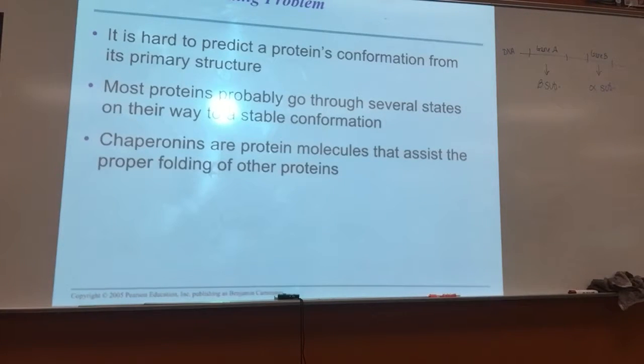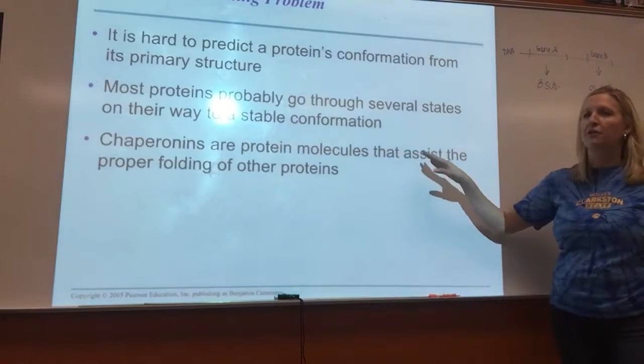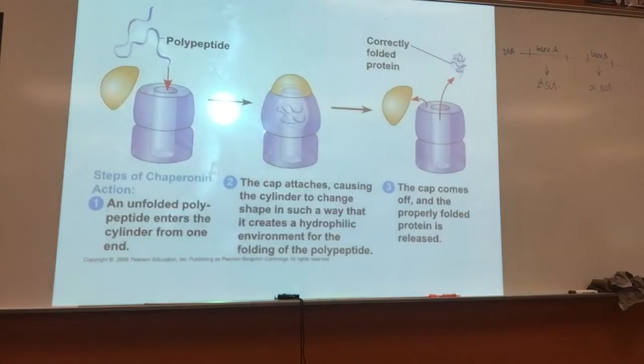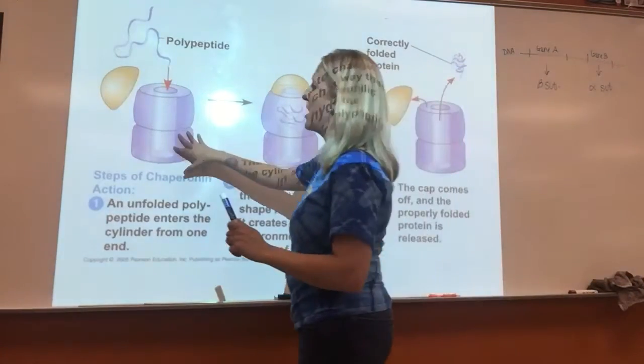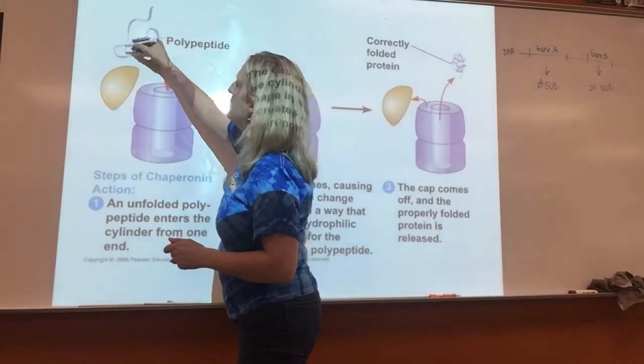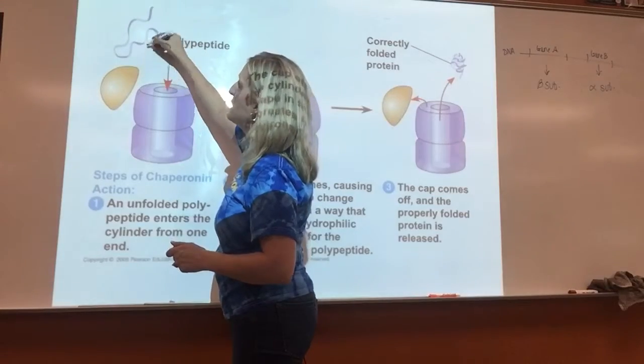They discovered another protein called a chaperonin. These guys assist with folding of other proteins. It's a protein that helps make and fold other proteins. That's what it looks like here. I want to show you this. This is the chaperonin right here, this little guy, and here's the polypeptide chain. It's just the chain of amino acids.